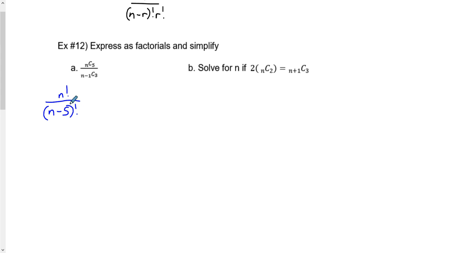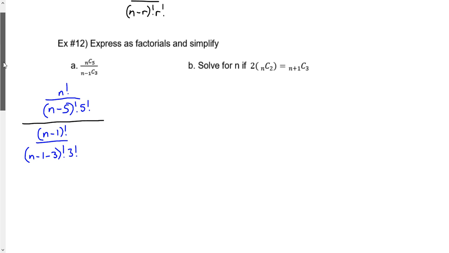That will be the entire numerator, whereas the entire denominator would be an n subtract 1 factorial over n subtract 1 subtracting 3 factorial. Oh, I forgot about the 5 factorial up here, and I forgot about the 3 factorial here.